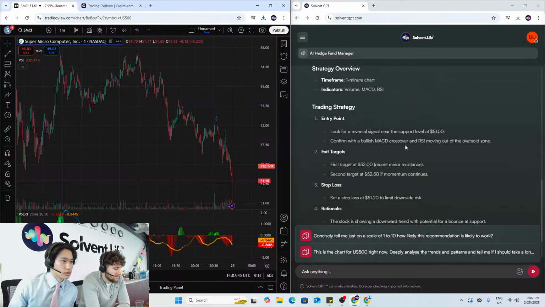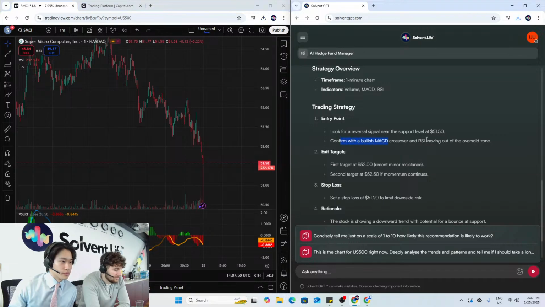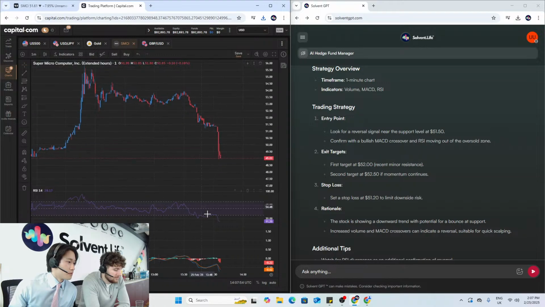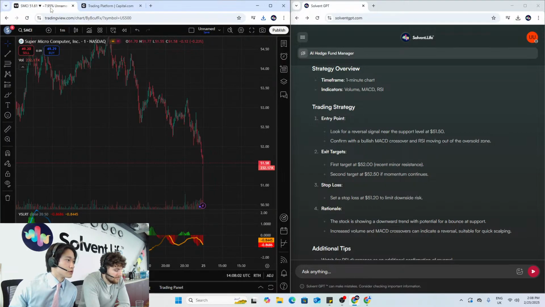Yeah, it's just continuing to drop. It says look for a reversal, confirm with a bullish MACD crossover and RSI. Alright, so we could see a reversal soon here, Luke.